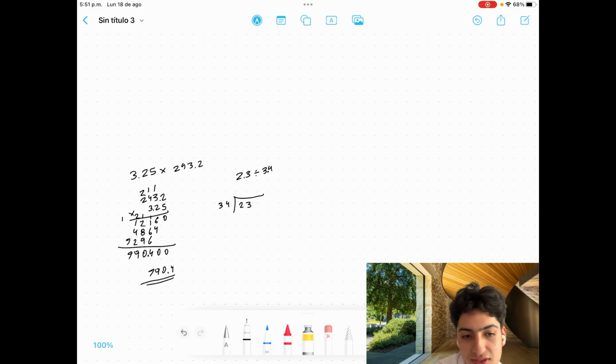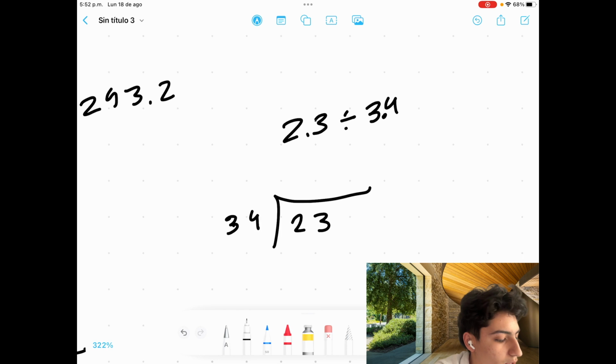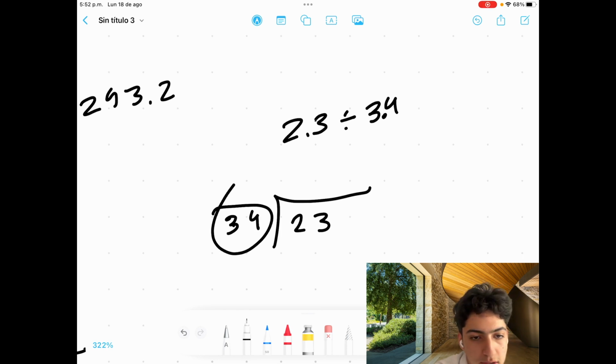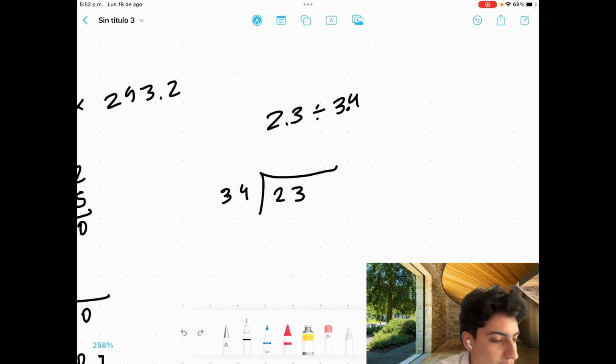So that's the key thing, that you basically have to make the divisor go from a decimal to a whole number. And yeah, that's basically it. That's basically how you solve multiplications, divisions, additions, and subtractions with decimals, which are way different than whole numbers. So yeah, there you go.